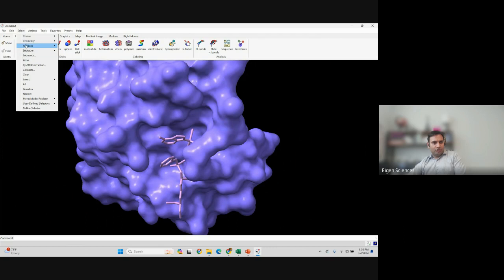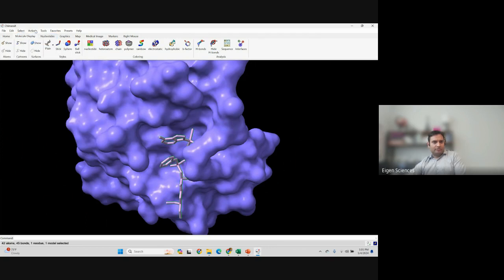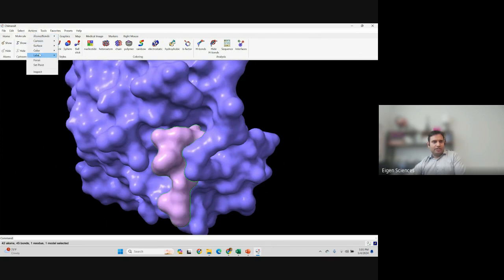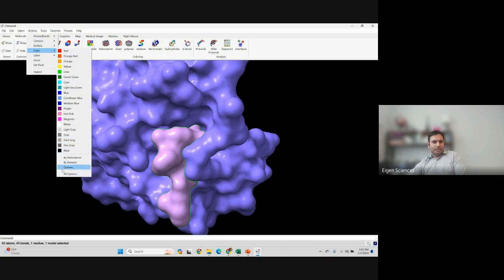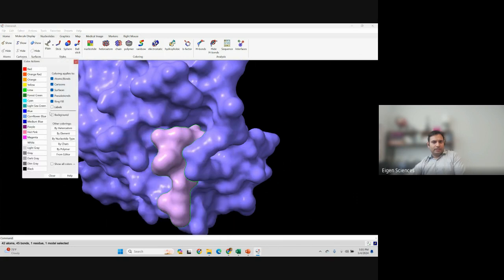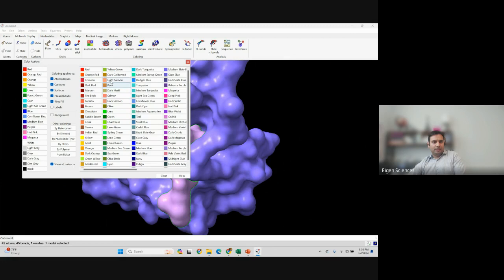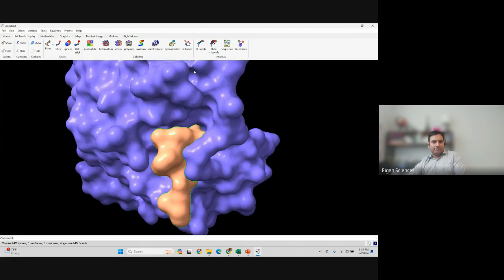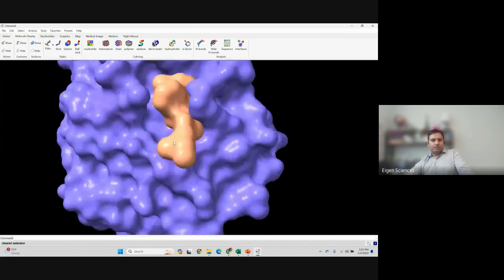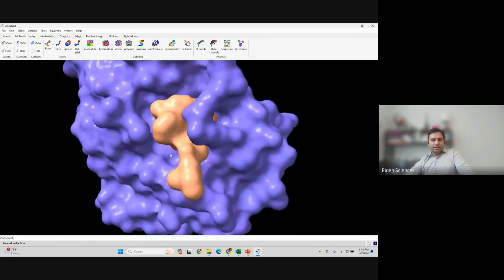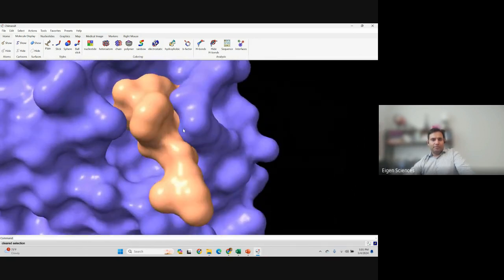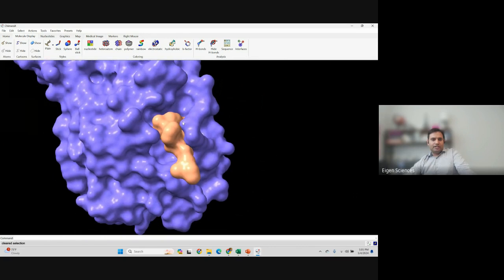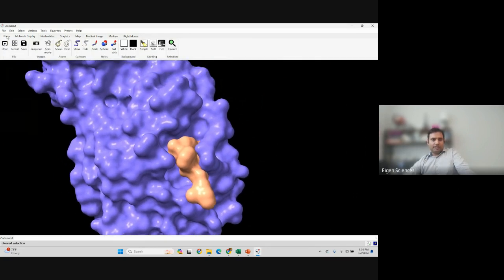If you want to see the surface, select residue and show. Maybe this color looks nice. Now you can see that it is going deep inside the protein, way deep. Once this is there, the protein cannot function and the virus will die.